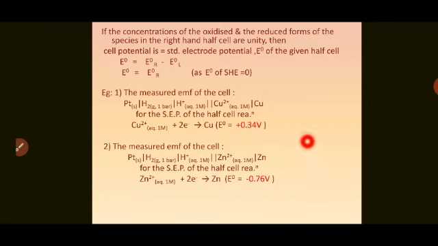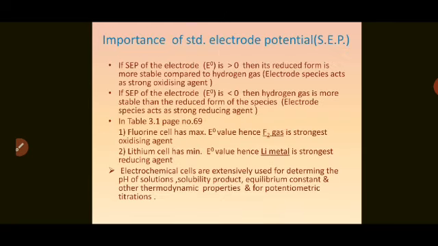Now you can see that in the copper case, the value of EMF E naught is plus 0.34, whereas for zinc it is minus 0.76 volt. Now what does it represent, that plus or minus value? This gives the importance of standard electrode potential, which is also called standard reduction potential values.